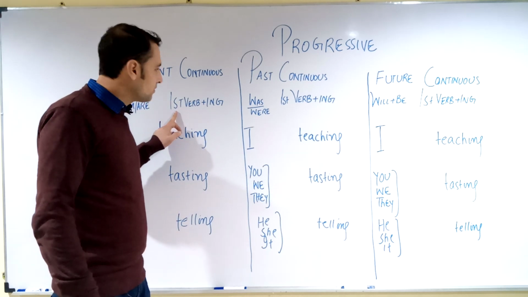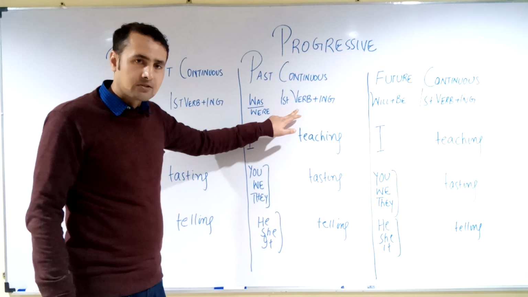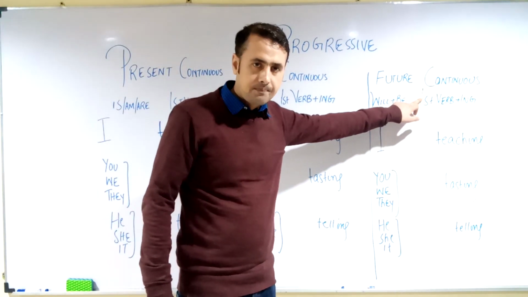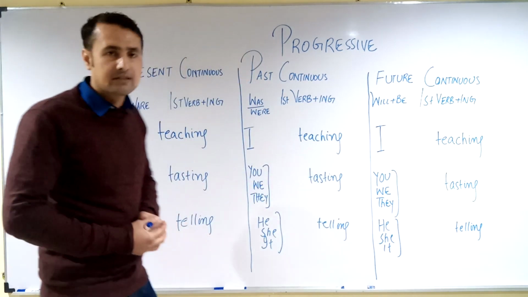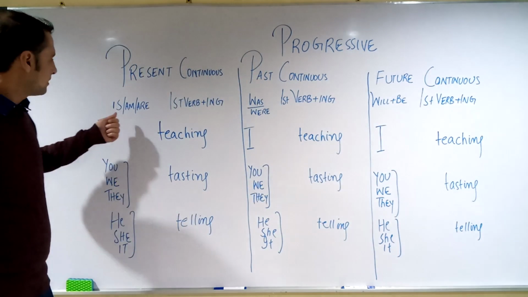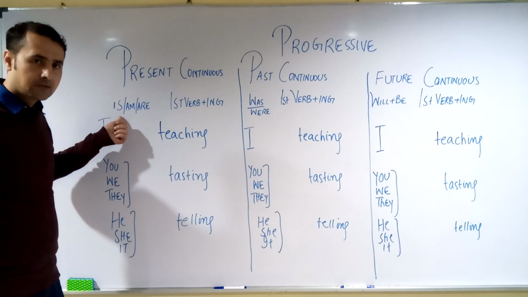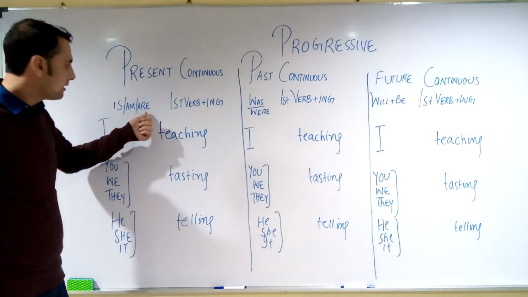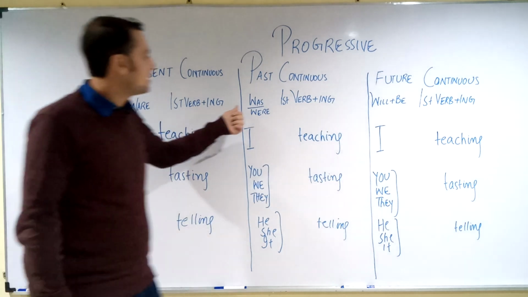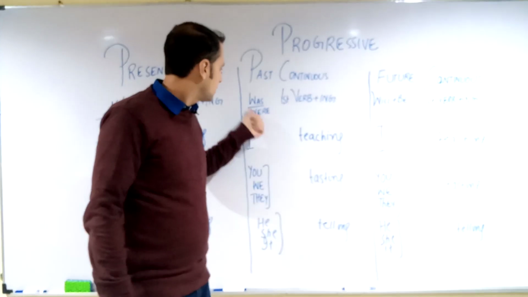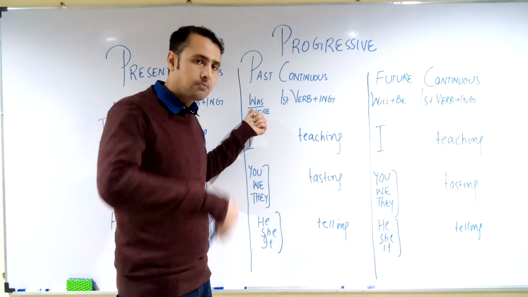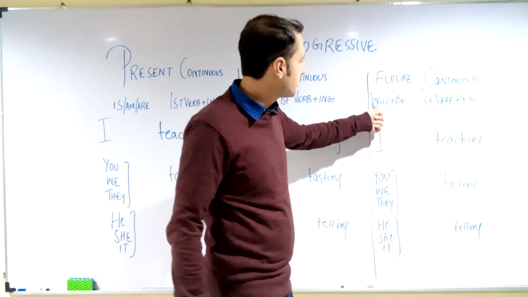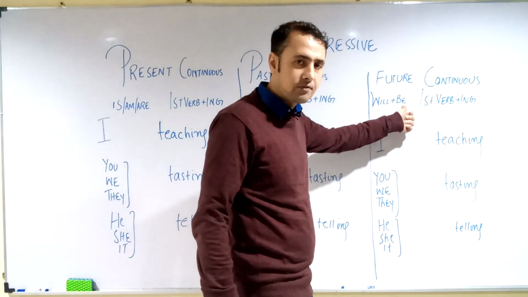It is the first form of verb plus ing in present, likewise in past and future. Which thing brings the difference? The be forms of verbs. In present we use is, am, are. In past we use was and were, which is the past form of be. Whereas in future it is will plus base form be.